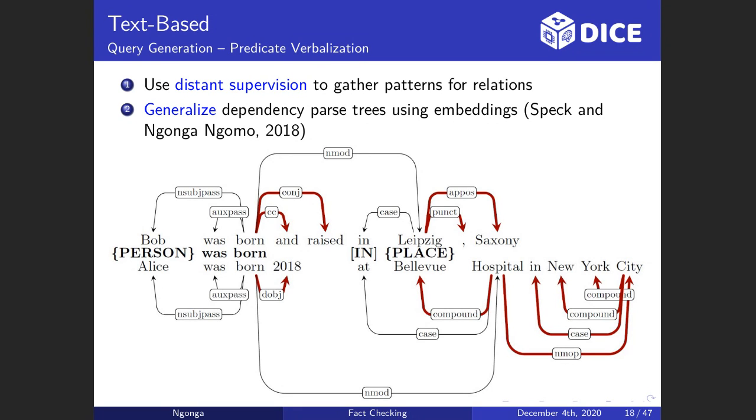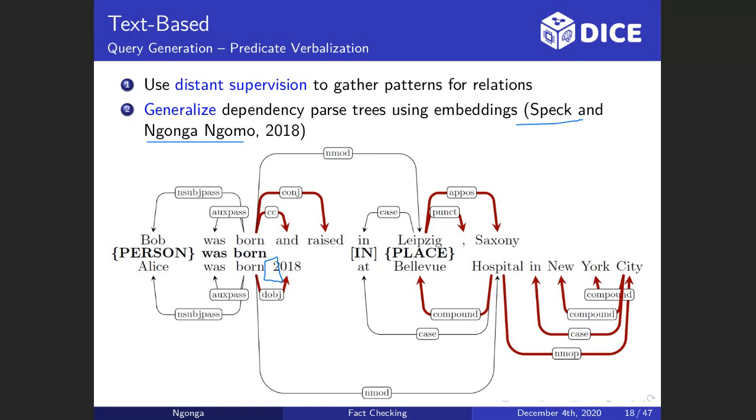We looked at using a combination of natural language embeddings and phrase structures in 2018 to come up with an algorithm which takes something like "Bob was born and raised in Leipzig, Saxony," as well as "Alice was born 2018 at Bellevue Hospital in New York City," even patterns which contain errors, because in this sentence the preposition "in" is missing.